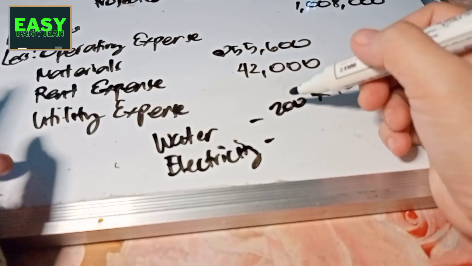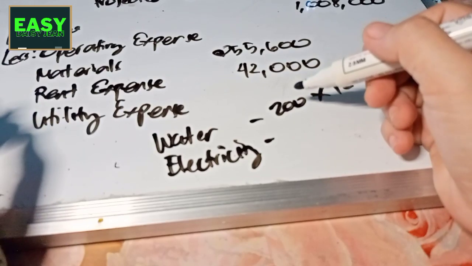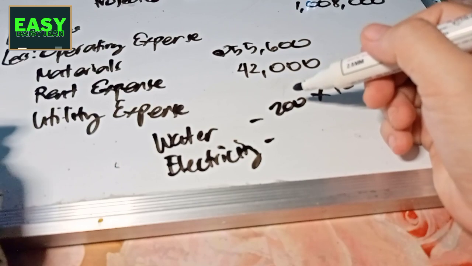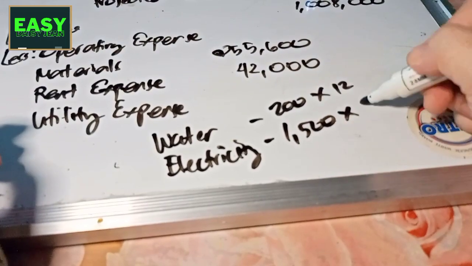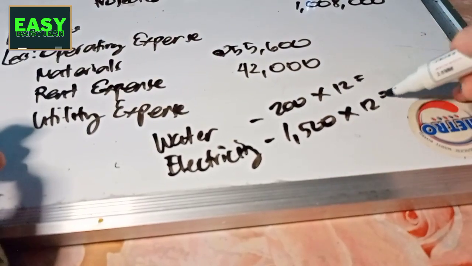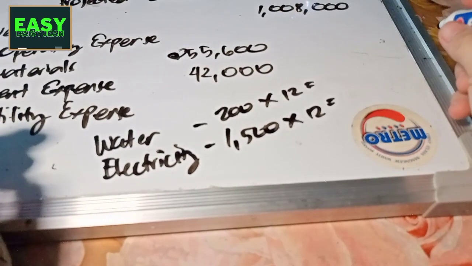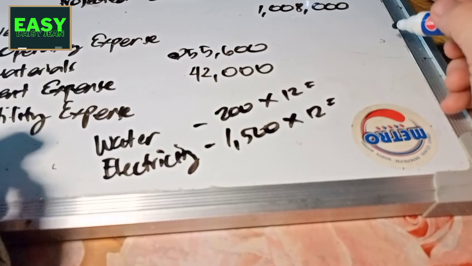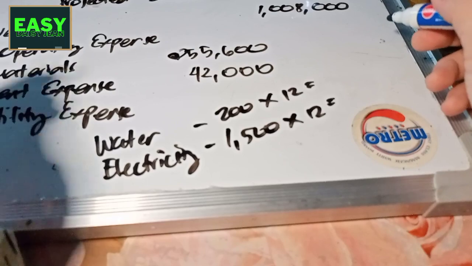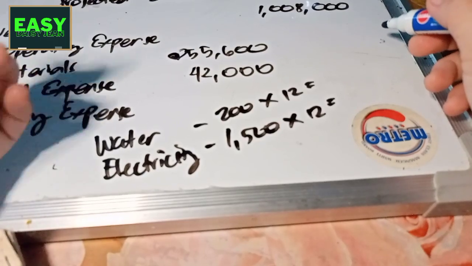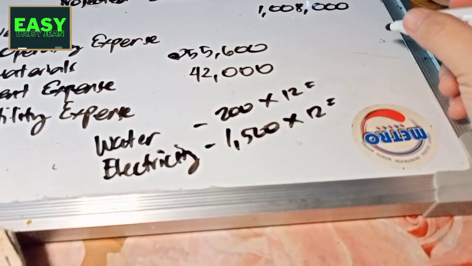And in a small office, if there are computers and equipment, most probably the electricity is 1,500 per month. You research on that, as much as you assume, but try to research how much the electricity cost really is for a month if you have those types of equipment in creating your products as well as your services.